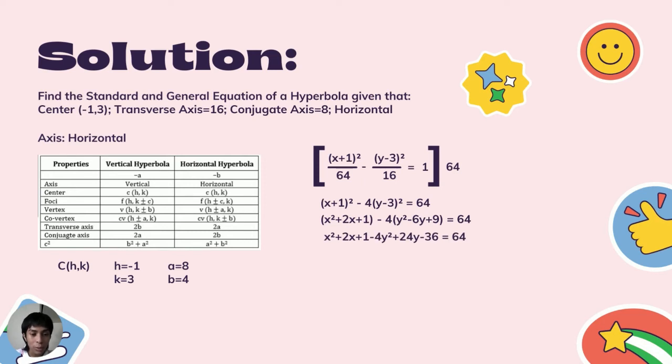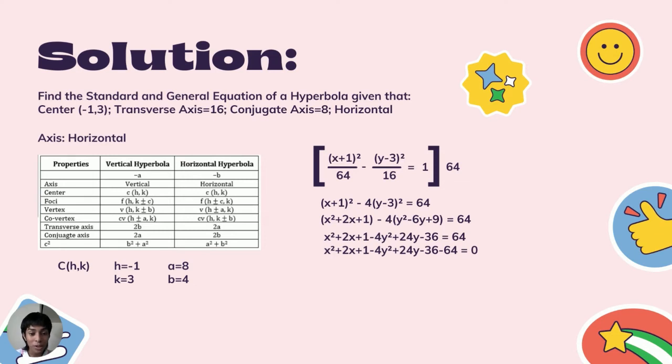And the new x squared plus 2x plus 1 minus 4y squared plus 24y minus 36 equals 64. And then we will transpose the constant 64 to the left side to make the right side 0.